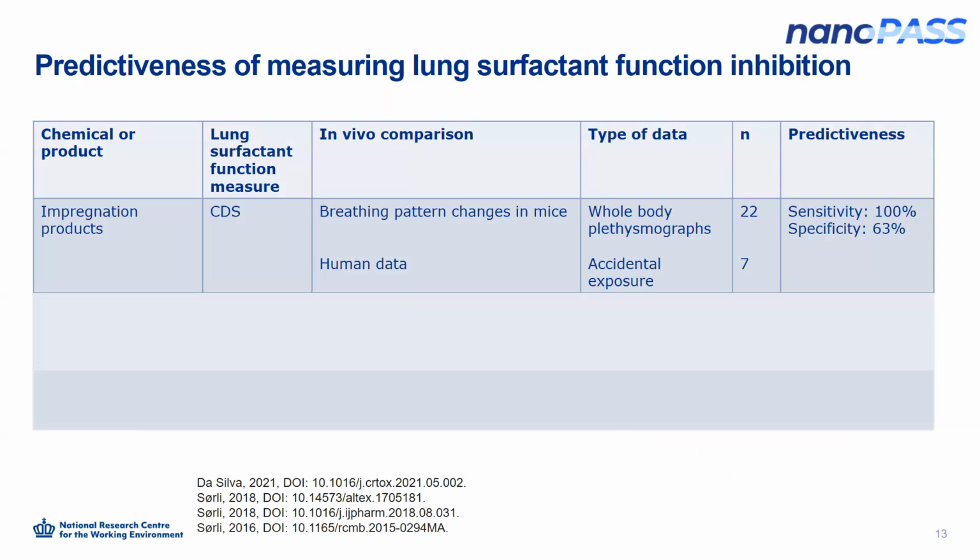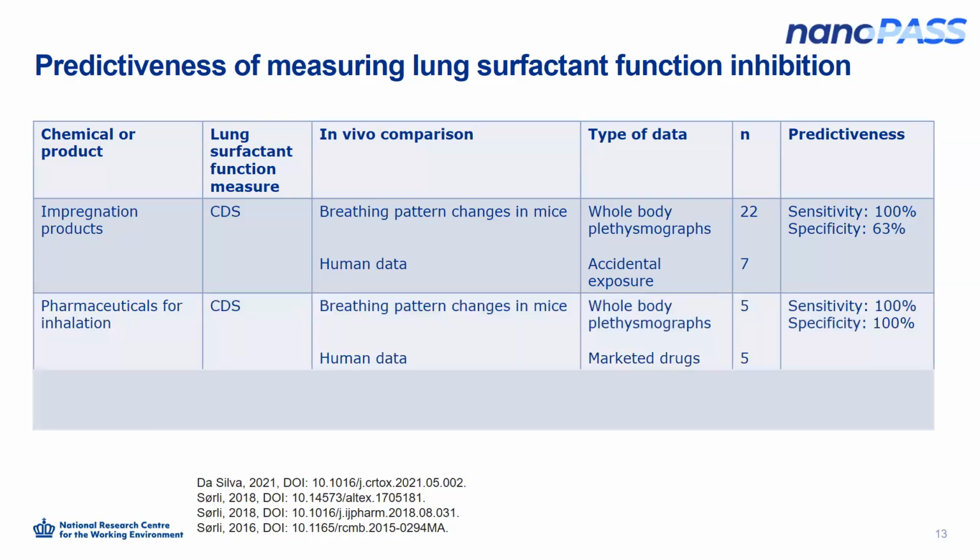So for impregnation products, as I've already told you, when you look at the lung surfactant function inhibition and compare it to breathing pattern changes in exposed mice, or when you compare it to human data where you have these accidental exposures, the sensitivity of only using the lung surfactant function measurements to predict is 100% and the specificity is 63%.